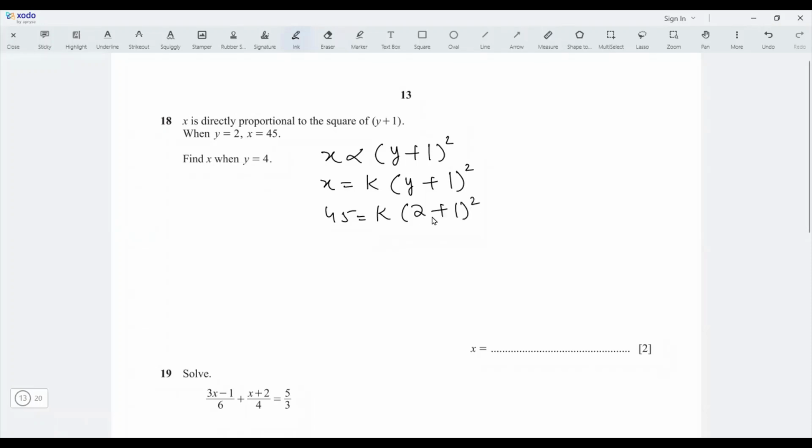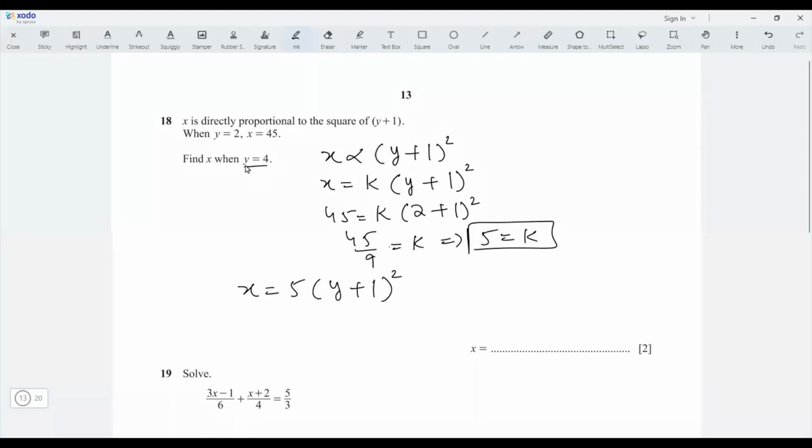What's 2 plus 1 whole squared? 3 squared is 9. 45 by 9 results in 5. So if you replace that 5 here, x equals 5 times y plus 1 whole squared. This is the equation connecting x and y.